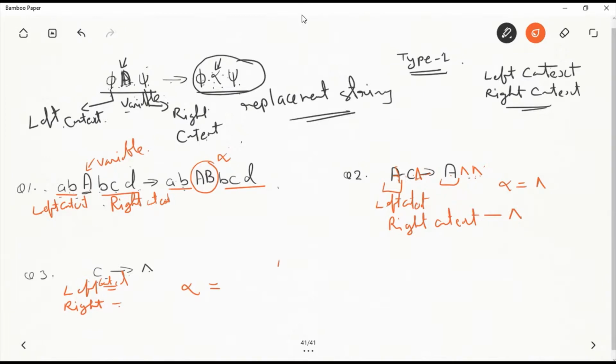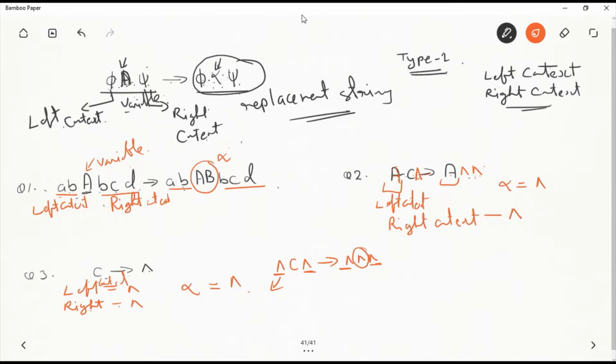We can write this like this: null concatenated with C, then followed by null is rewritten as null. You can see left context, right context, and value of alpha is also null.